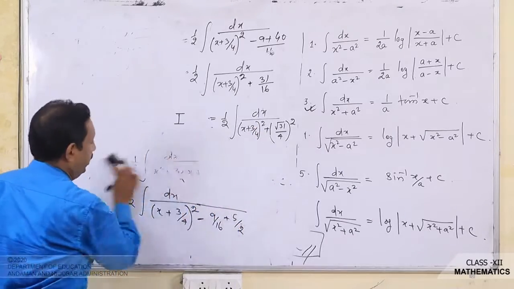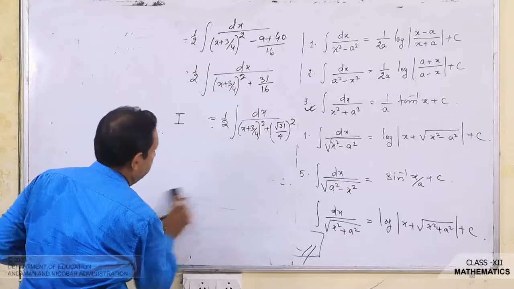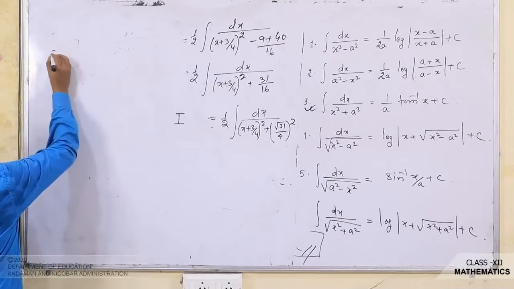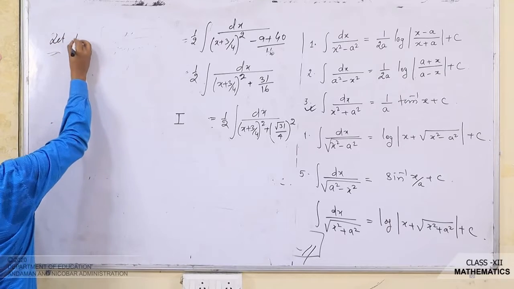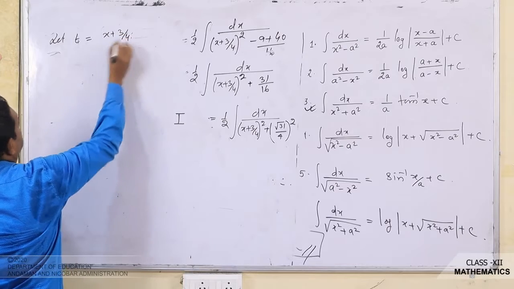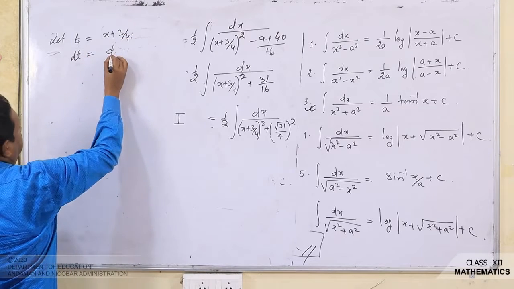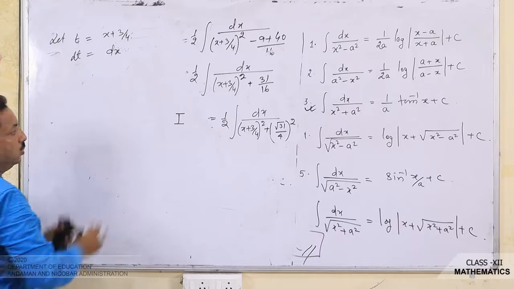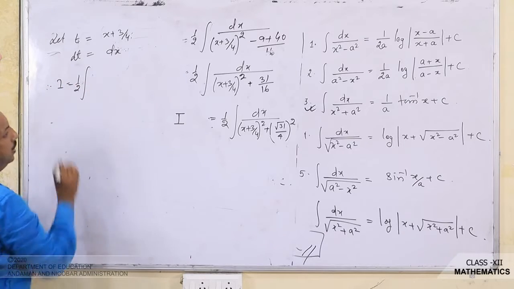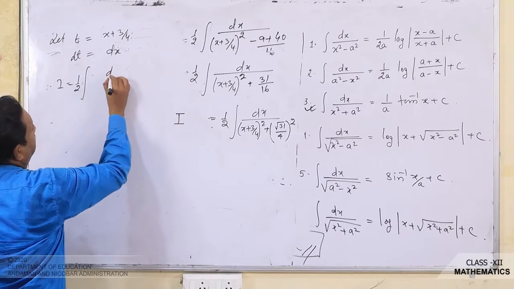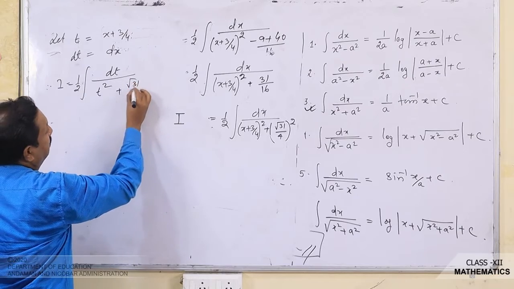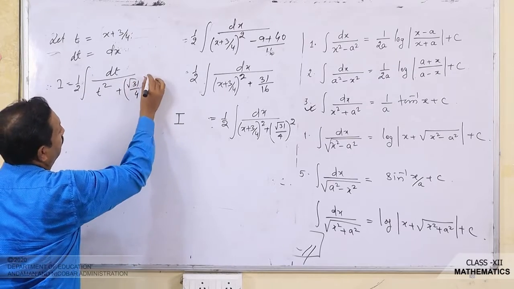So, suppose you are putting t, let t equal x plus 3 by 4. So, your dt will be only dx. Therefore, your I is now 1 by 2 integration of dt upon t square plus root 31 upon 4 the whole square.